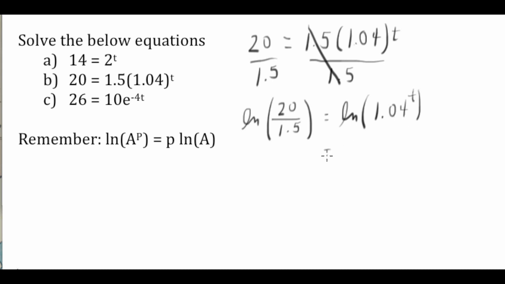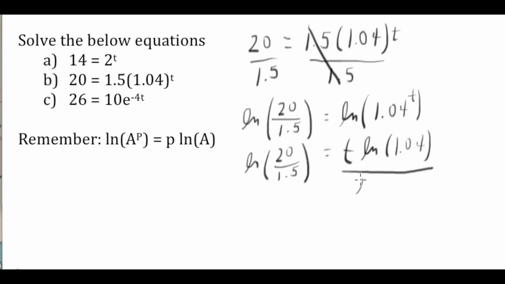And just like before, that t comes out. t times the natural log of 1.04. Okay, we'll write down this other side while we're at it. Okay, so we want to solve for t. We got this number. Let's divide by that number.